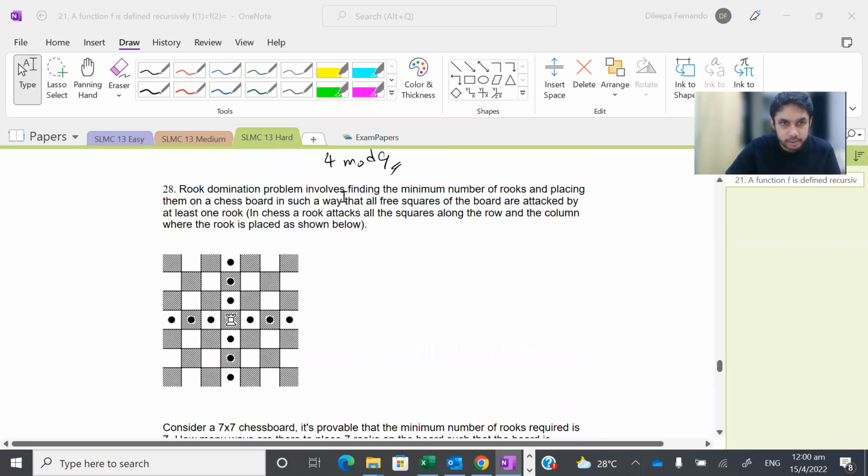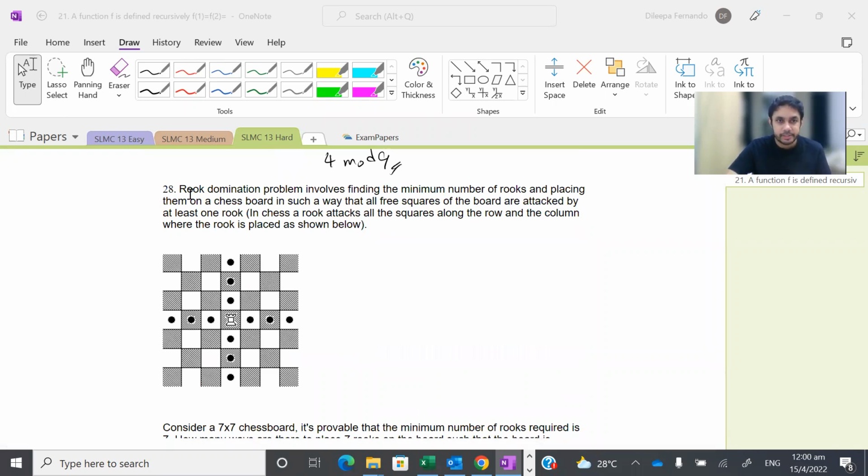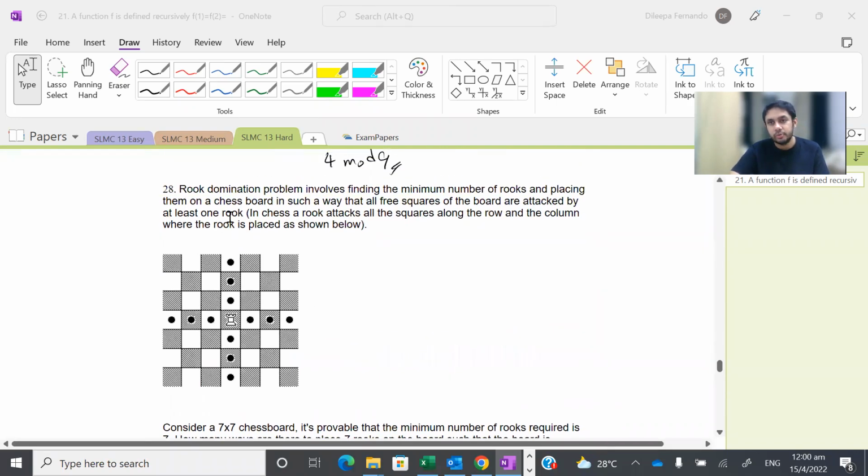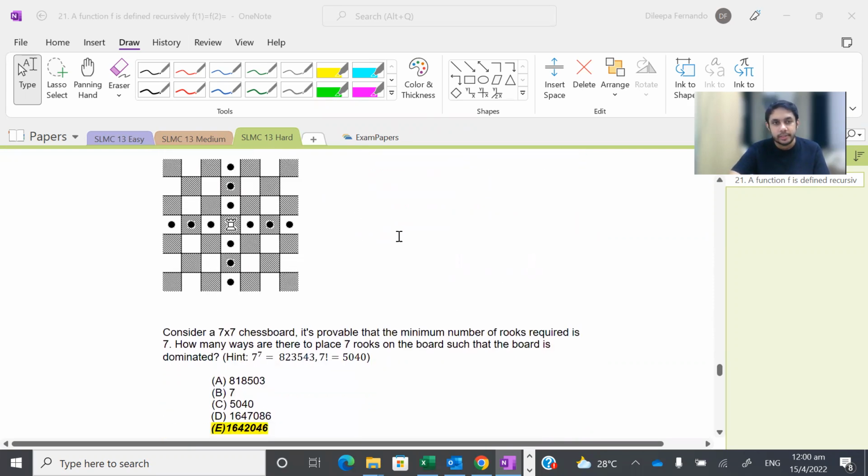Okay, now it's the 28th question. It's about rook domination problems. We need to find the minimum number of rooks so that the whole chessboard is attacked. And here we don't need to worry about how to find the minimum number of rooks, because the result is given.